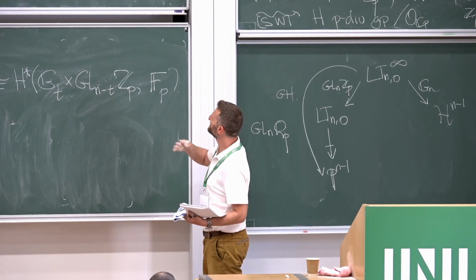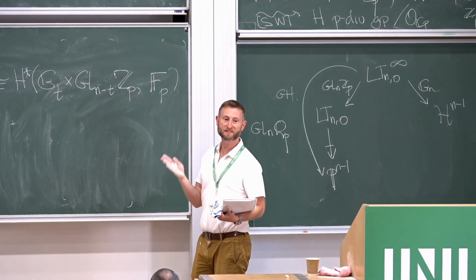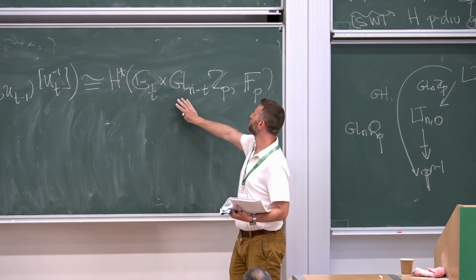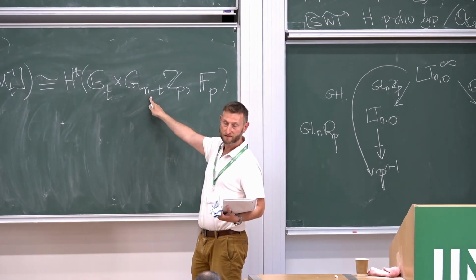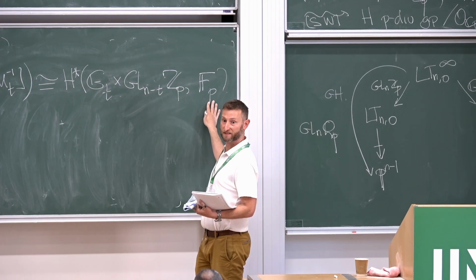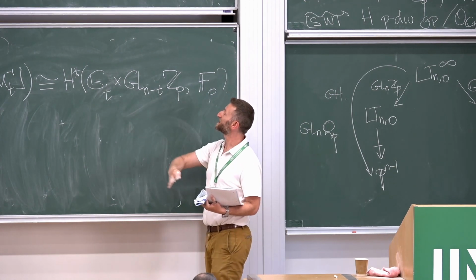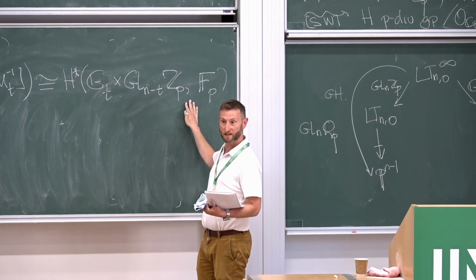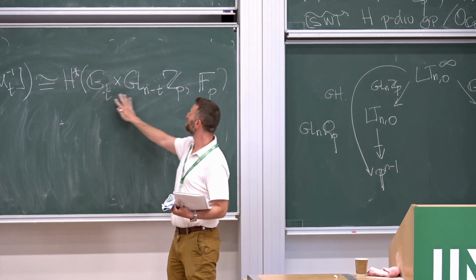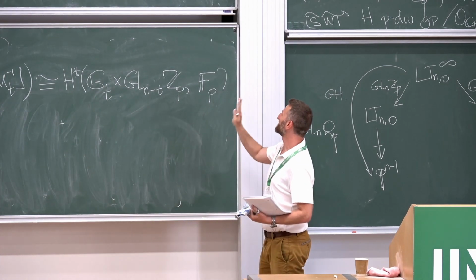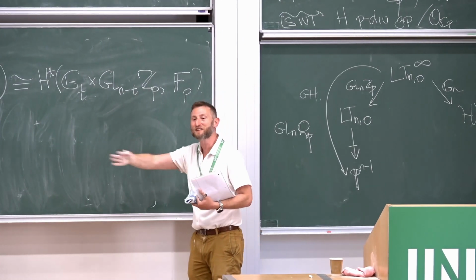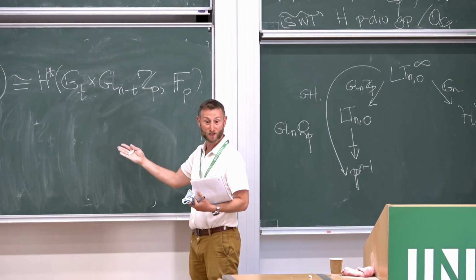So notice that this really generalizes what happened at t equals 0. When t was 0, this group disappears, and you get the group cohomology of GL_n, although it has Q_p coefficients in that case. When t is intermediate, you get this blend of two groups, G_t and GL_{n-t}. And so it seemed plausible to the topologists, and especially Andrew, that this group should appear, but now I want to tell you why it should appear because of p-adic geometry.